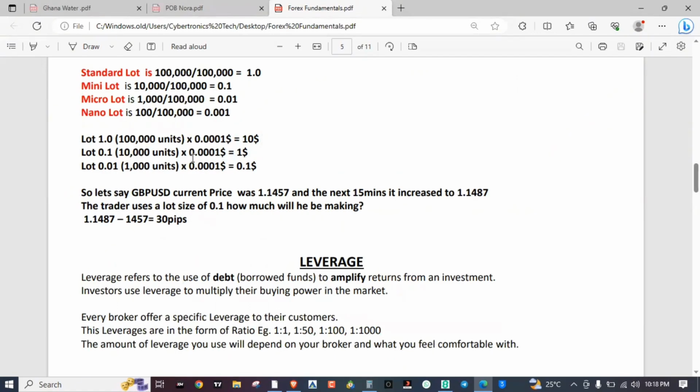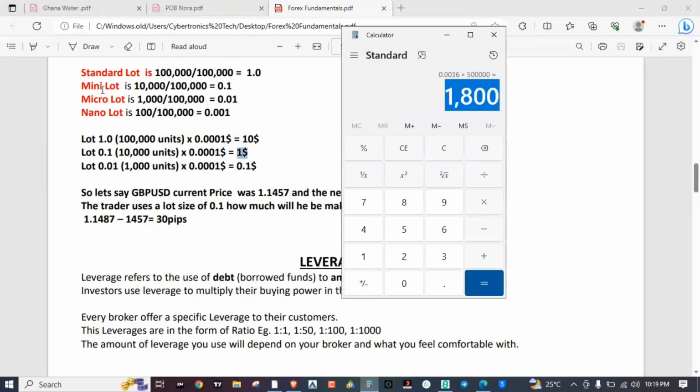A pip is $0.0001. When you multiply, you'll be getting $1. So here, the mini lot size is what is termed the dollar size lot, because it has the same value of $1. I'm getting it. So if you tell your broker you are purchasing mini lot size, meaning they understand it.